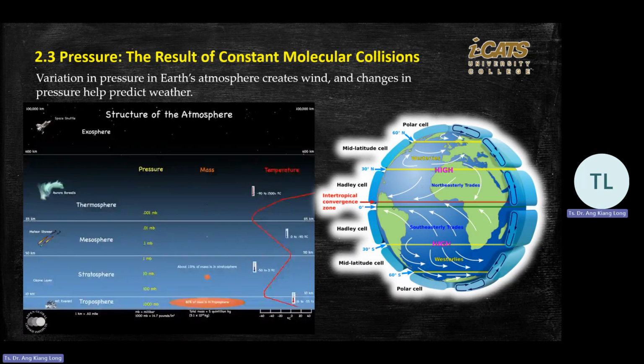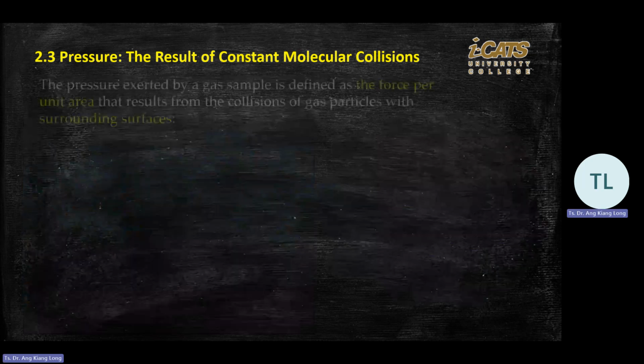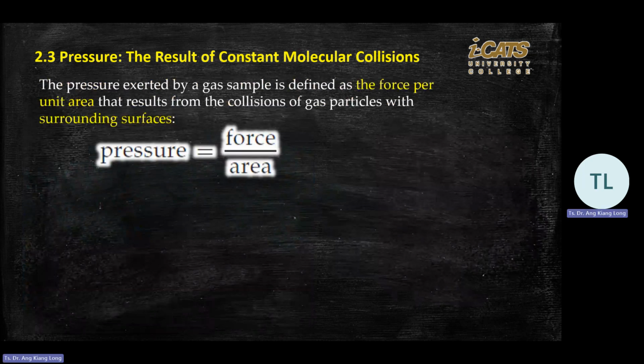This is some information. All right, first equation, like what you learned in your physics. What is pressure? Pressure equals force divided by area. The rest you read. P equals F divided by area.